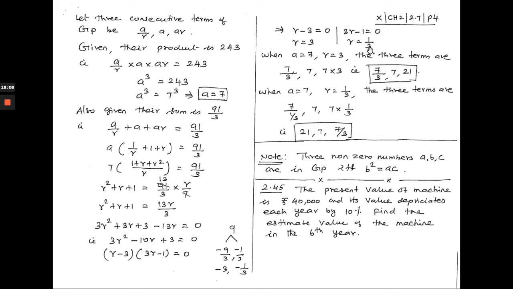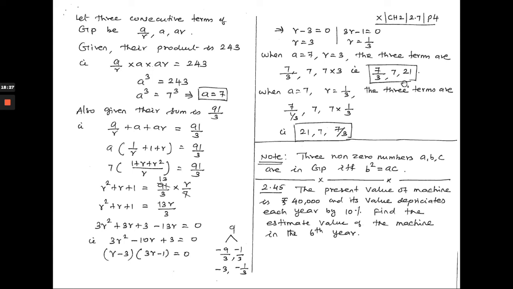So when A is equal to 7, R is equal to 3, the 3 terms of the GP are A by R, 7 by 3, A is 7, AR is 7 into 3, that is 21.